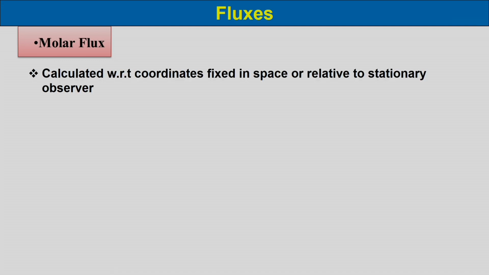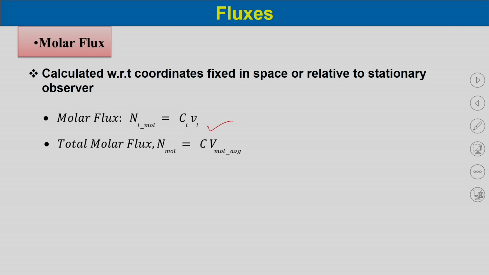The molar flux for a particular component can be calculated with respect to the fixed space, or relative to a stationary observer. It is calculated as molar flux N_i mole = C_i v_i, or total molar flux N mole = C times v molar average velocity.